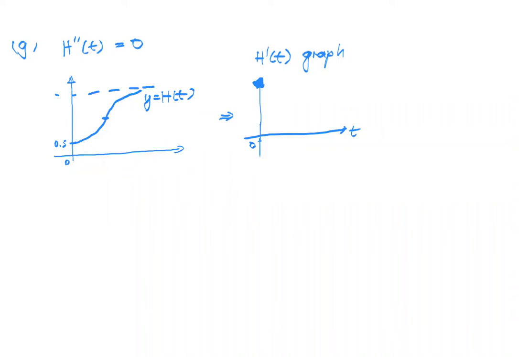Why I don't want you to put your h double prime t? Do you know how to plot your h prime t graph alone? The graph go like that. So you look for this one. You should be able to get the coordinate of the turning point, correct? What is the value of x?